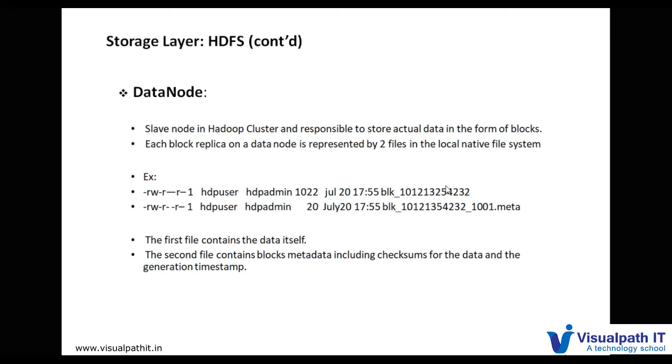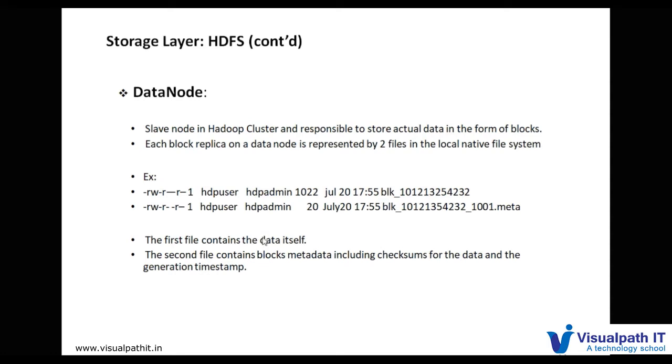The block is like this: when you copy some data, the file is split into blocks, right? That is the block information. And the other one is this block's metadata: the block name, the block timestamp, everything is also maintained locally in the data nodes. This is the data node's local representation of each block replica on the native file system. The first file contains the actual data block that has been divided.